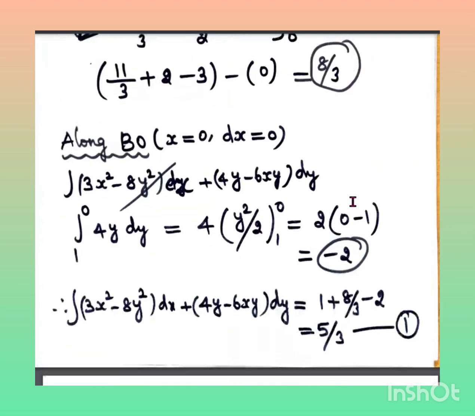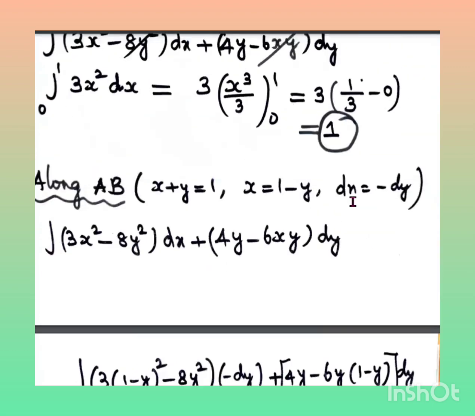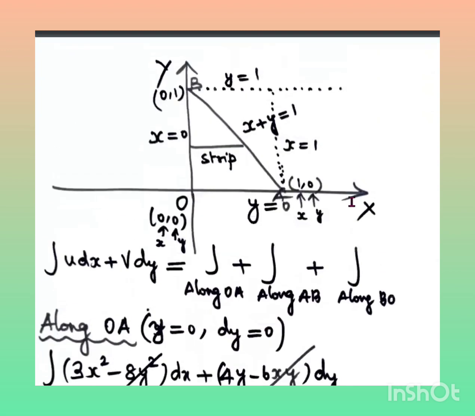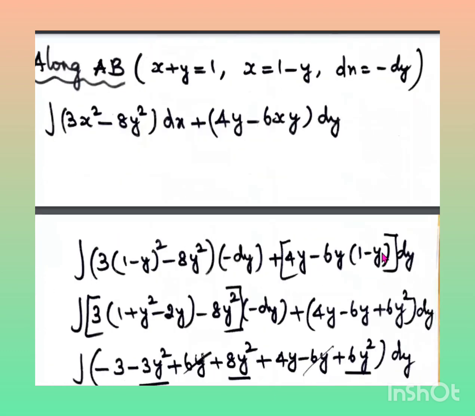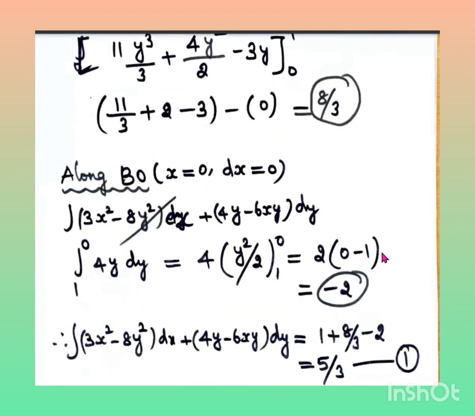Along BO, what is the equation? You can see in the diagram. Along BO, the equation is x is equal to 0. X is equal to 0 means automatically dx is equal to 0. So therefore, we are writing here dx is equal to 0.